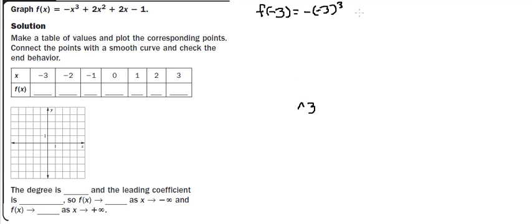And then plus 2, and again in parentheses, -3 squared, and then plus 2 times -3 minus 1. You can plug this whole thing into your calculator all at once, press enter, and it is going to give you +2. So you're going to put +2 here.